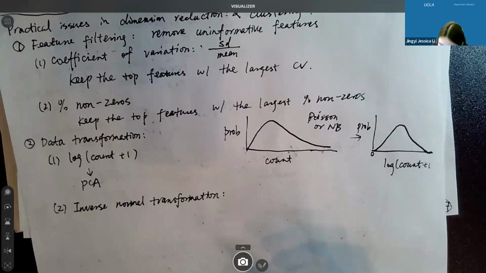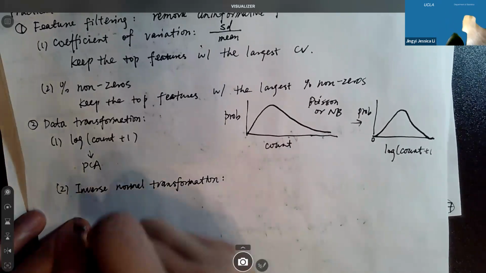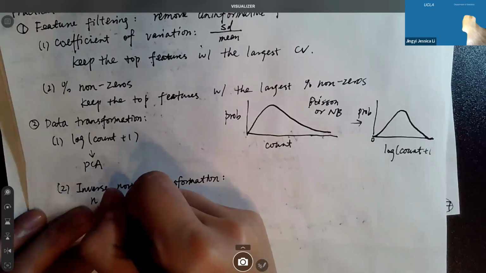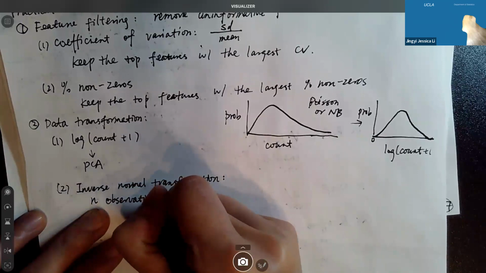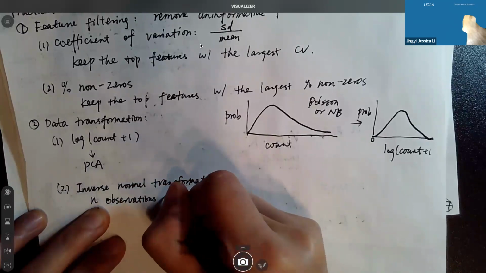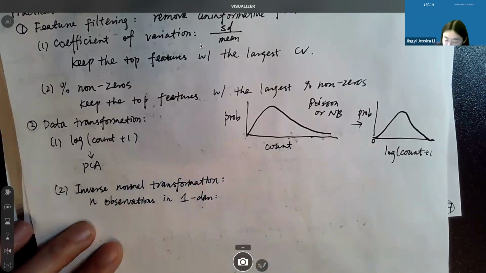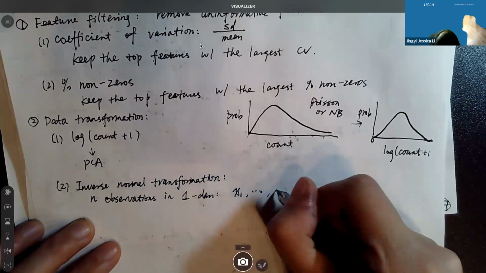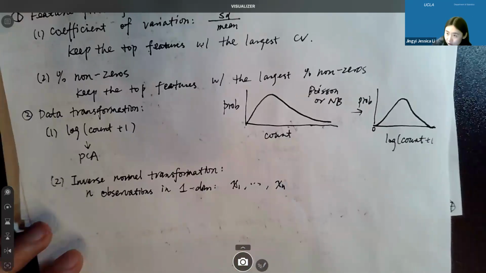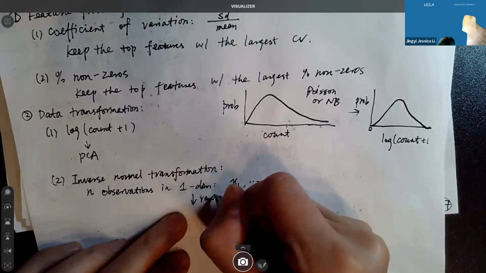So to be exact, let me say that you have n observations, one-dimensional, in one dimension. Let me call them x1 to xn. You first obtain the ranks.